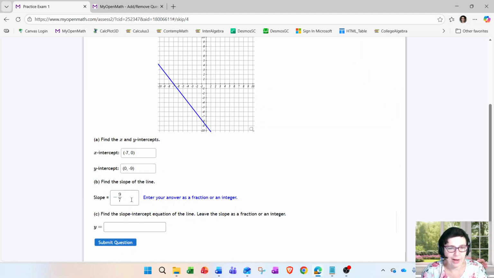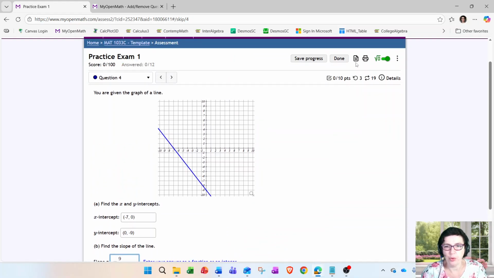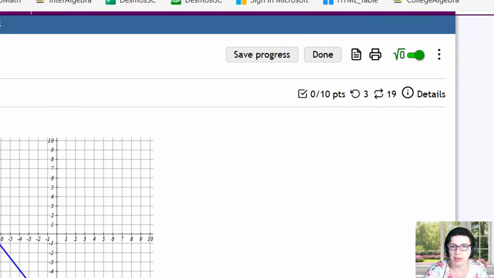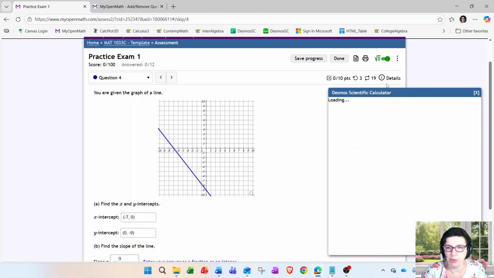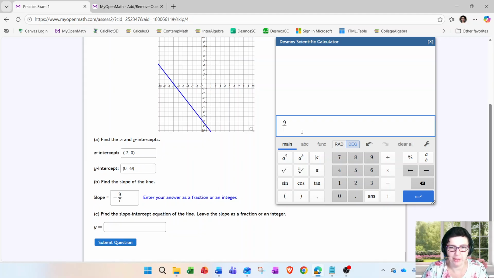Now, you might need to reduce the fraction. How would I do that? If you go to Desmos, again, over here, we're going to go to resources, to Desmos, and we are going to divide 9 by 7 and see if that can be reduced. Or -9 by 7, it doesn't matter. The negative is just going to stay.